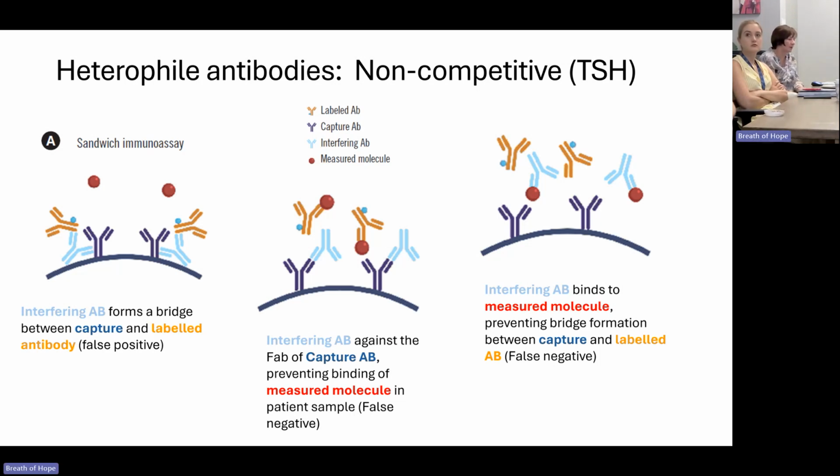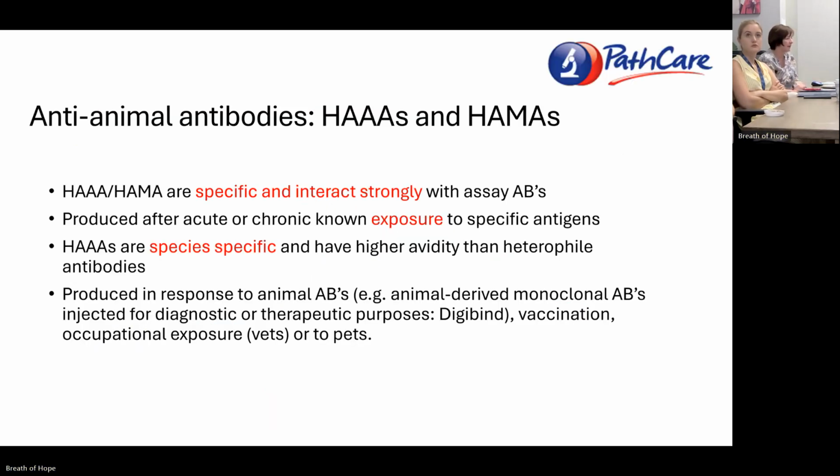In the third scenario, the interfering antibody binds to the measured molecule, preventing the bridge formation between the capture and the labeled antibody. And in these cases, you will get a false negative result. So just to keep in mind, it can be either a false positive or a false negative. So very much variable, these heterophile antibodies.